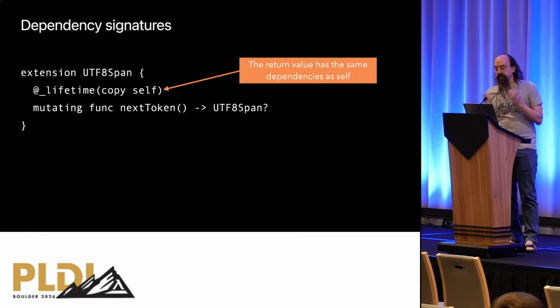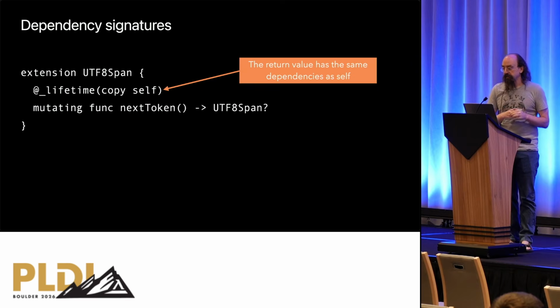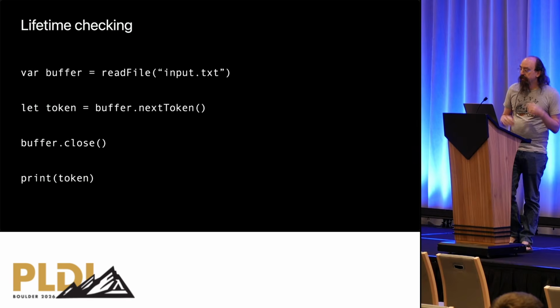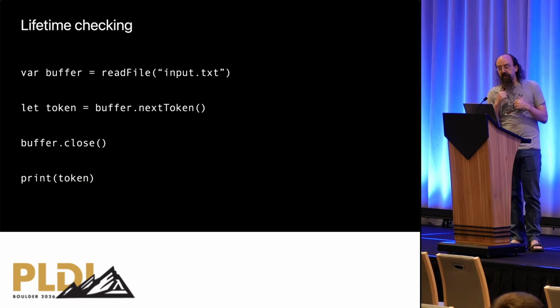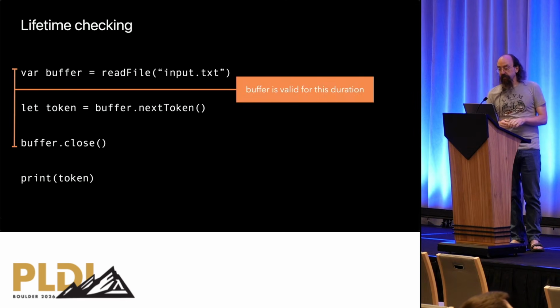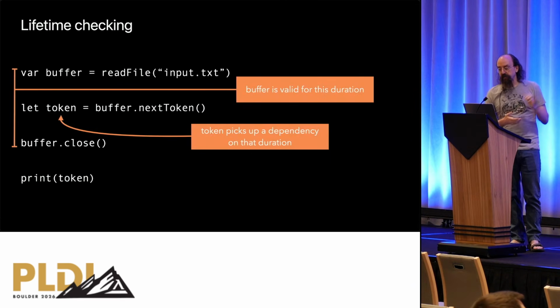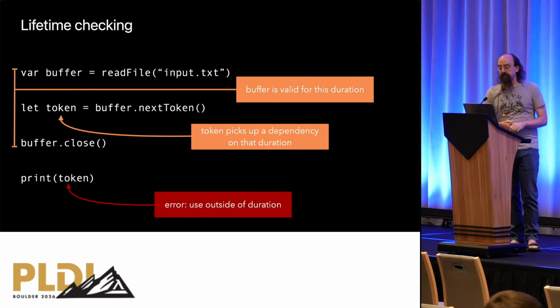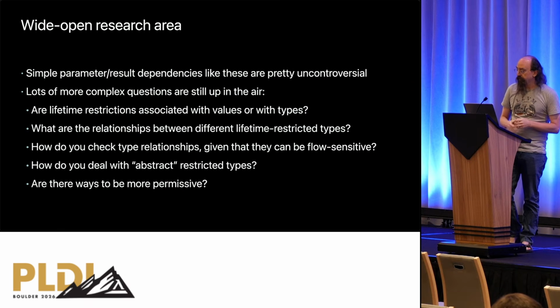So here, we can declare that the return value has the same dependencies as the self parameter, since it points at the same memory. The compiler can then associate values with durations in the program. The compiler knows that the buffer is valid for this duration. The token value has a dependency on that scope, so all of its uses must fall within it. The print down here is outside of that, and so it's ill-formed.